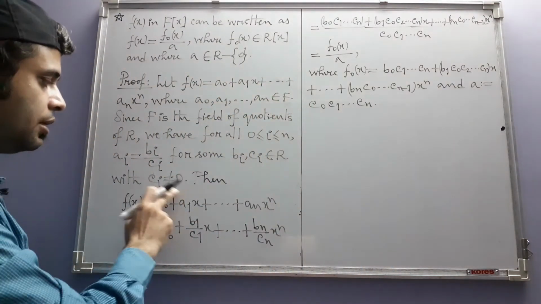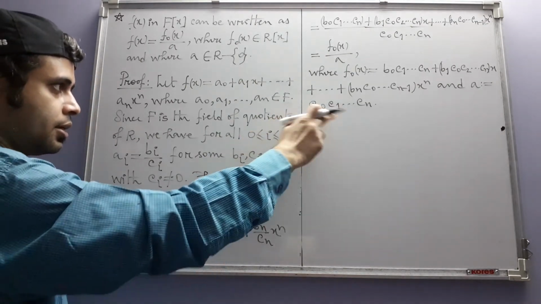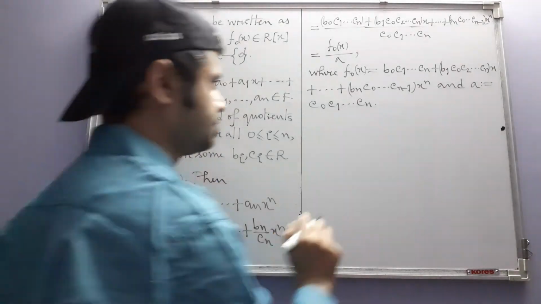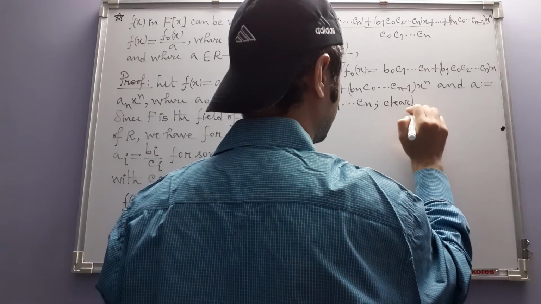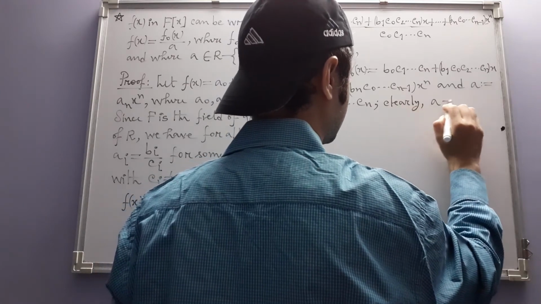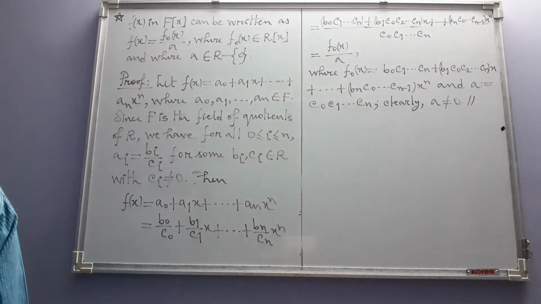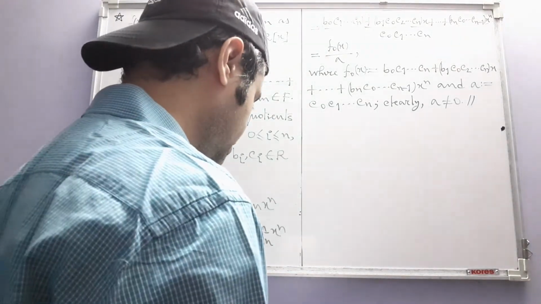Since each ci is non-zero and we are in an integral domain, their product is also non-zero, that is a is non-zero. So this completes the solution. It's a simple one. This is also something we have used in one of the proofs in the text.